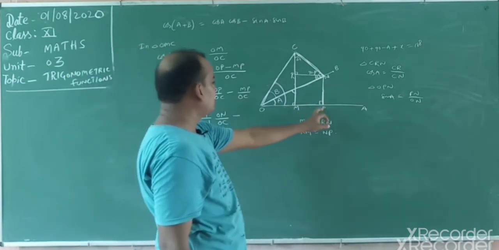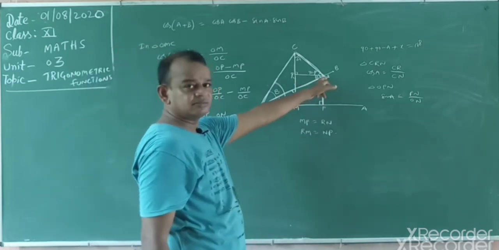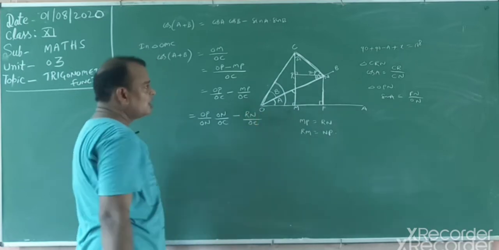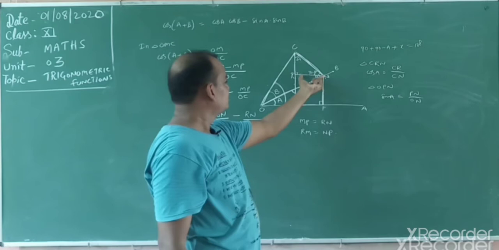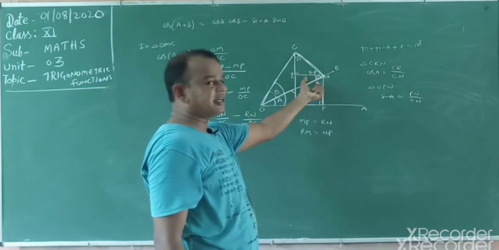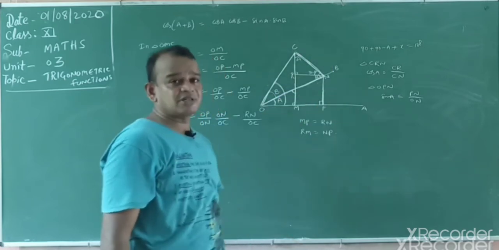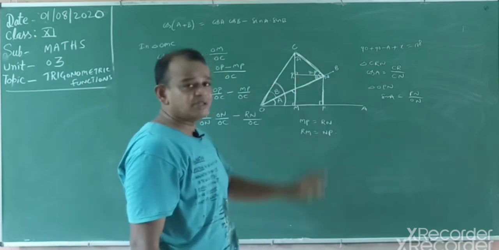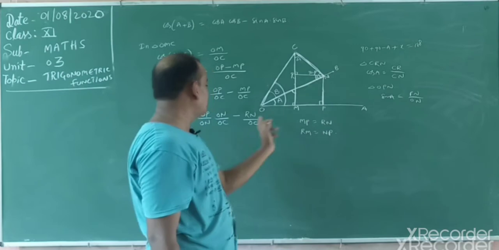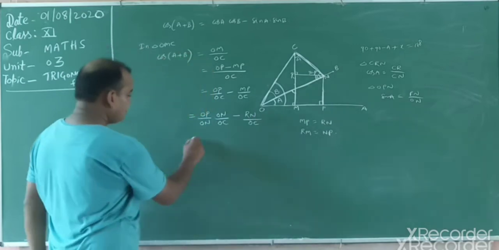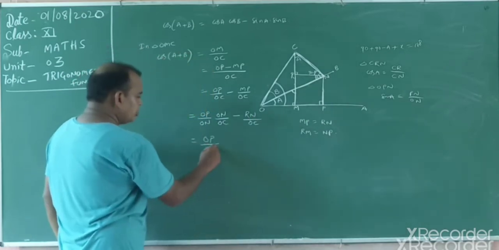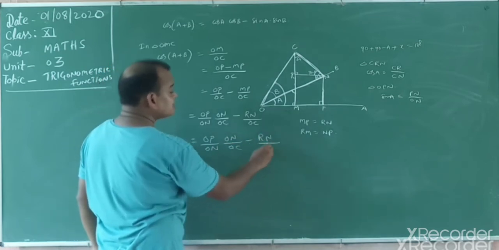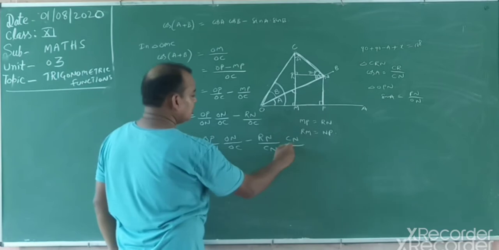MP is nothing but RN, which is the opposite side, so RN by OC is opposite side by hypotenuse. The hypotenuse is CN. Now multiply and divide with CN: OP by ON into ON by OC minus RN by CN into CN by OC.